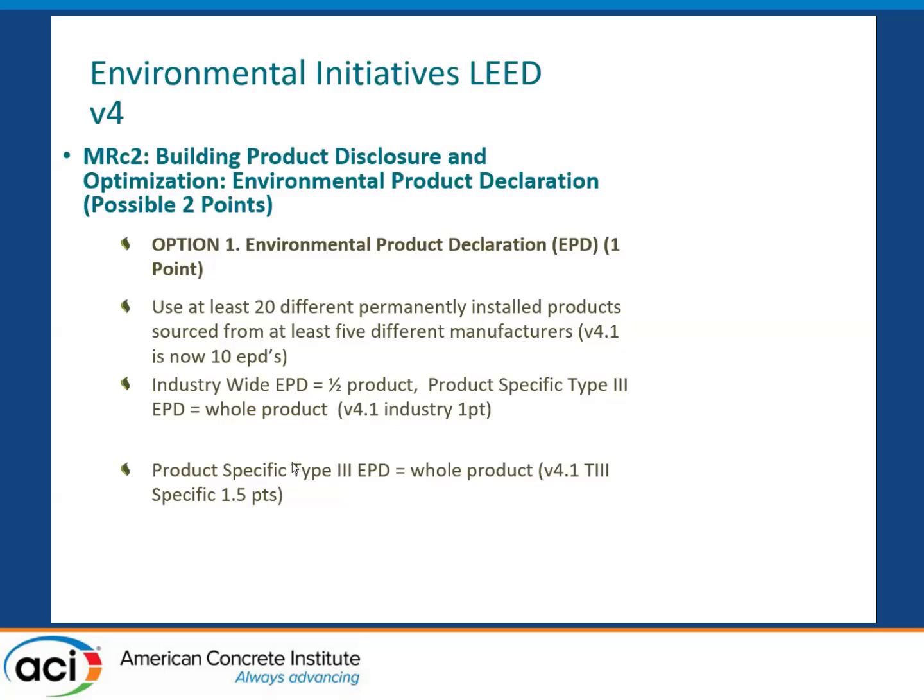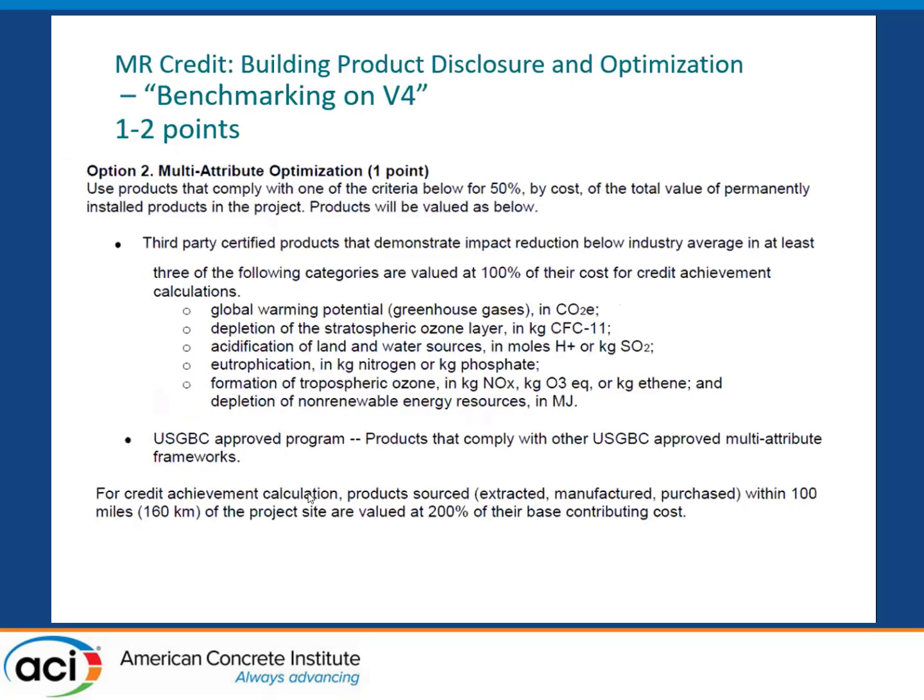And the product-specific third-party EPD has now gone to 1.5 points. So they try to make it a little bit easier to get if you're looking to do the 4.1. Also just to let you know, if you're using version 4, you can add in the credits of 4.1 and use it from that standpoint.